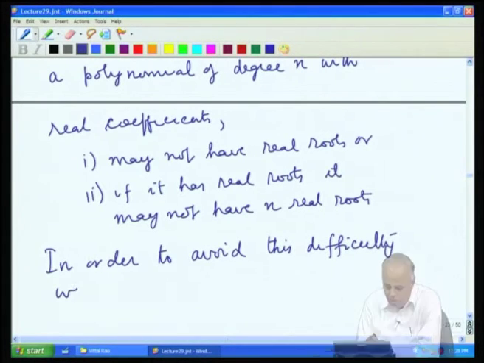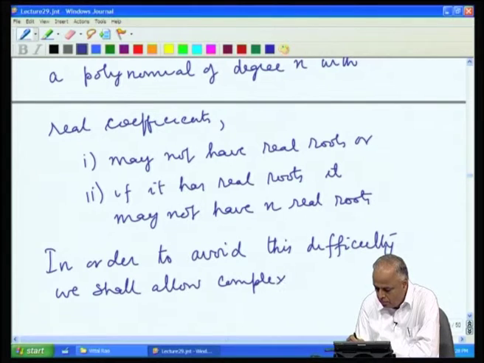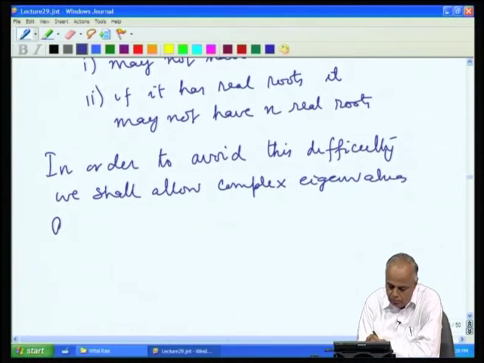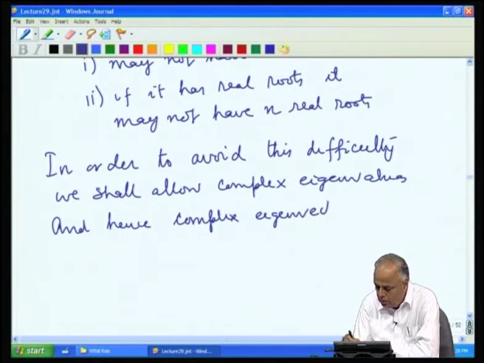we shall allow complex eigenvalues, and hence complex eigenvectors if necessary.